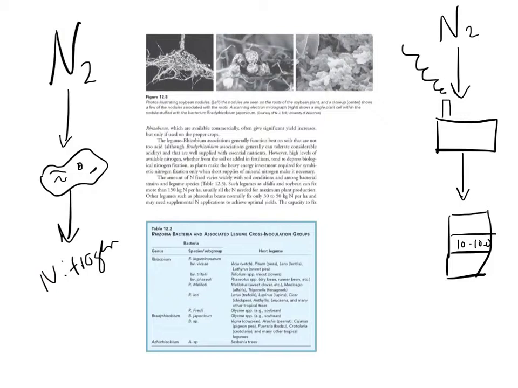This process is started at the seed level. So with things like soybean, alfalfa, clovers, field beans, and you can see the full list of plants that have this association in table 12.2.